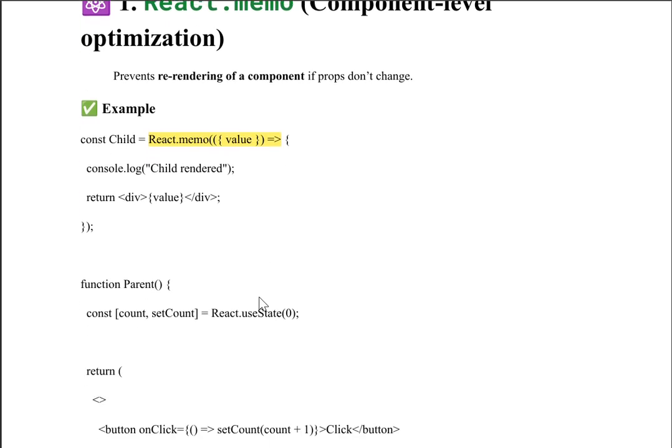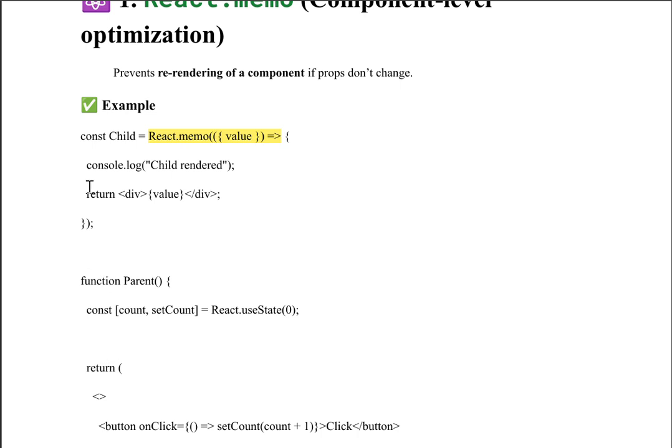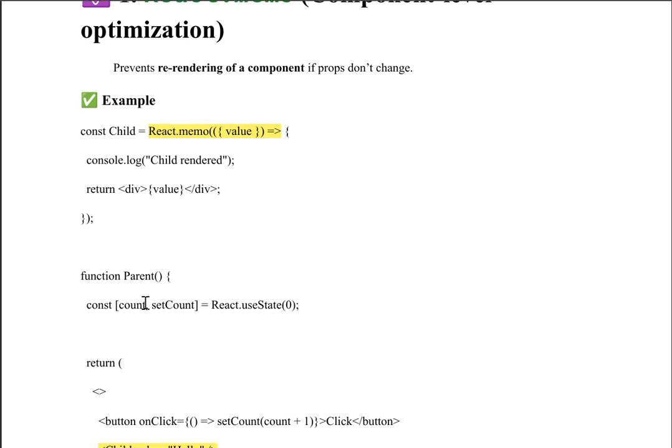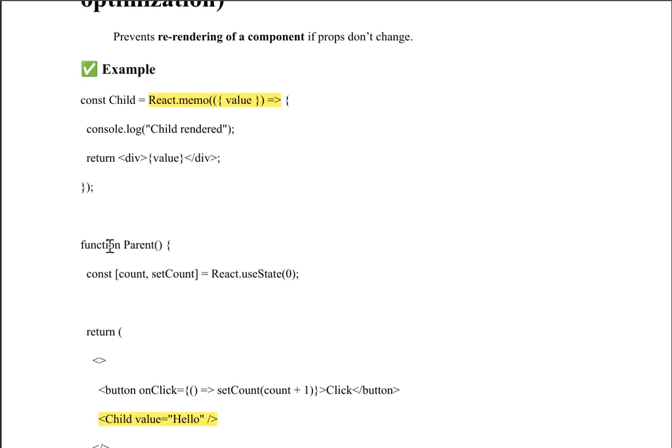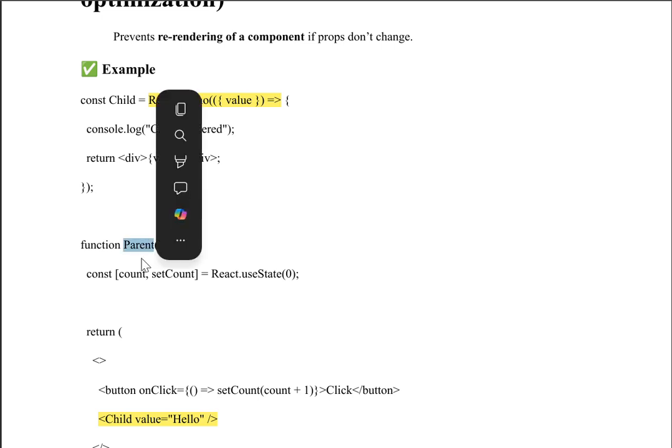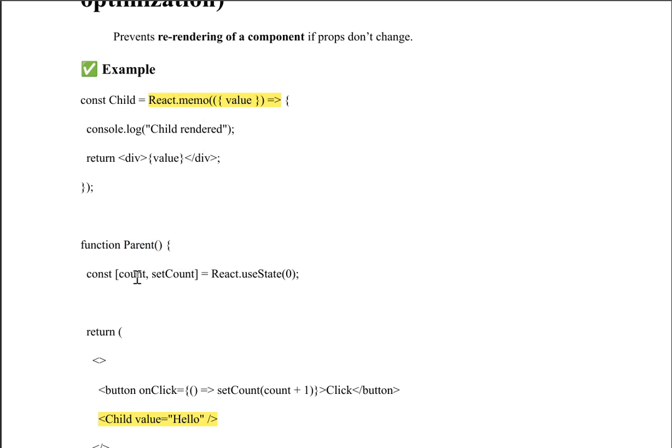So if we check the example, we have a parent and we have a child. Inside the parent, I have taken a state called count and initialized it with 0.